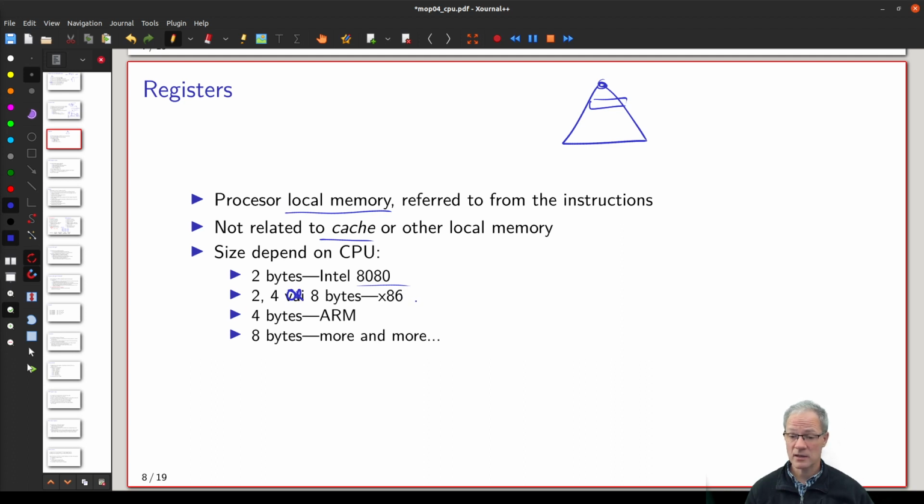You could have an architecture that has a bunch of registers that are actually different sizes, different purposes. ARM registers have 4 bytes usually, so that's 32 bits. That's what we're going to use.